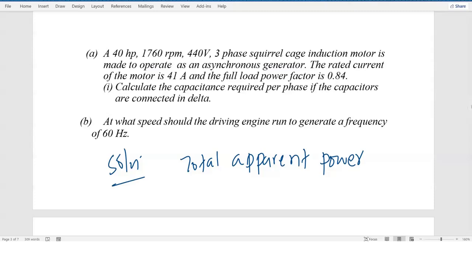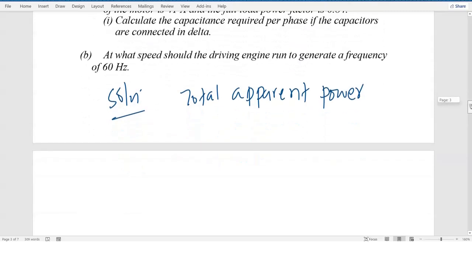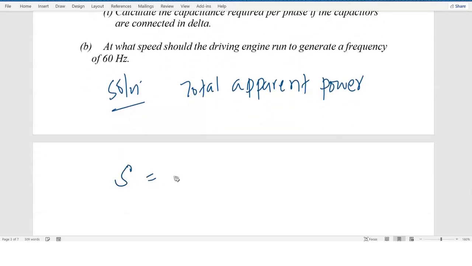The apparent power that we can always call S is equal to root 3, since this is a three-phase system, times V times I. So this is root 3 times the voltage, which is 440, times I, which is 41. So what is this going to give us? Root 3 times 440 times 41.